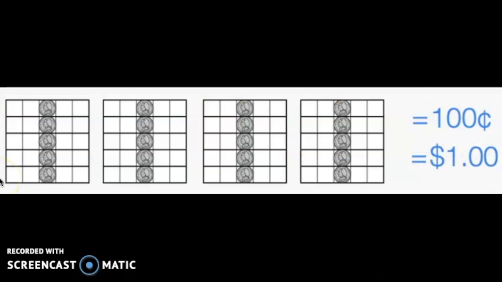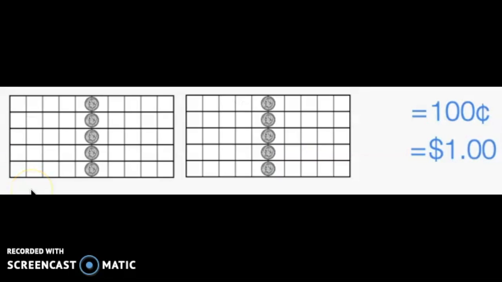Same thing for nickels. Nickels are 5 cents each, so 100 cents or $1 can be 20 nickels. Dimes are 10 cents each, so there are 10 dimes in 100 cents or $1.